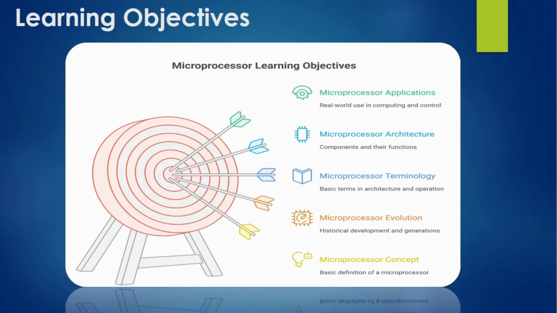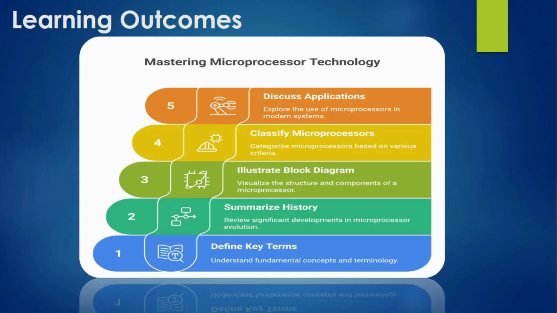After this session is over, you will be able to define what a microprocessor is, describe its process, give the classification and applications, and summarize the history or generations of microprocessors. You will be able to label the block diagram and use correct terminology when talking about microprocessors.